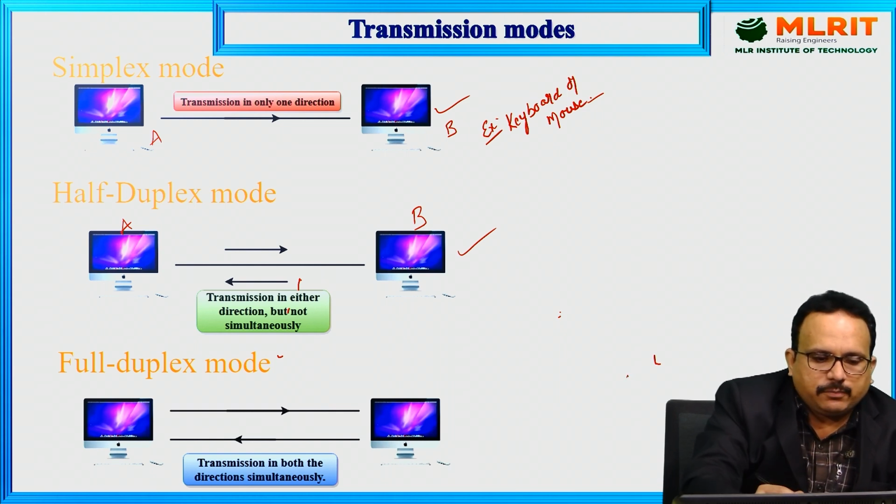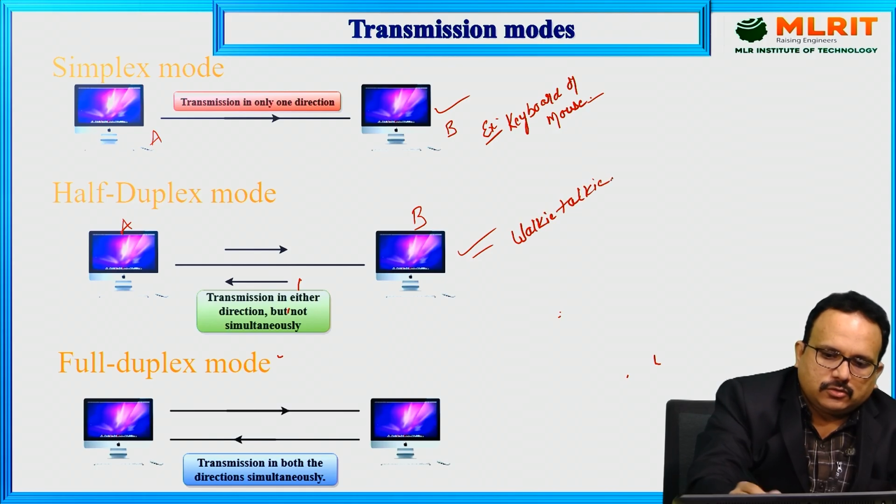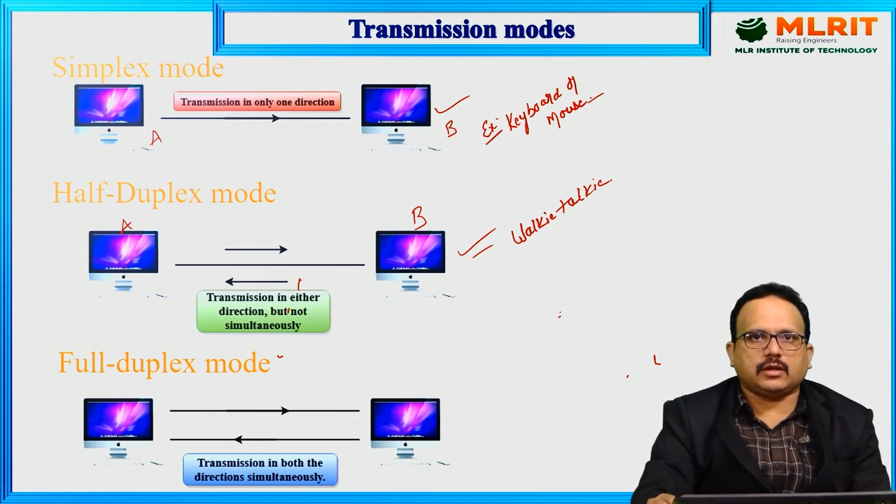The best example for half duplex communication is the walkie-talkie. I think you all know about the walkie-talkie. There will be two persons speaking with a physical device, say A and B. A starts speaking and B should listen until A's communication is completed.